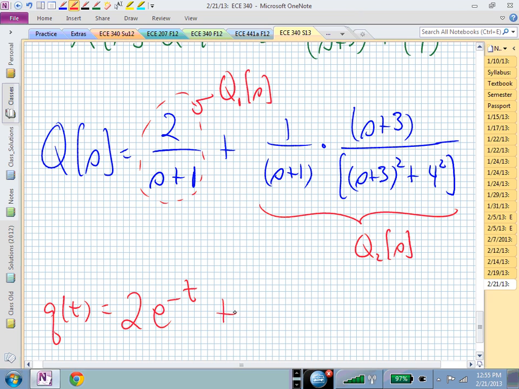Now, what's the structure for little q sub 2 of t? Or what's the partial fraction expansion of capital Q sub 2 of S? How many pieces do we have? Generically, we have 3 pieces. We have 3 poles, don't we? 2 of those poles are complex.